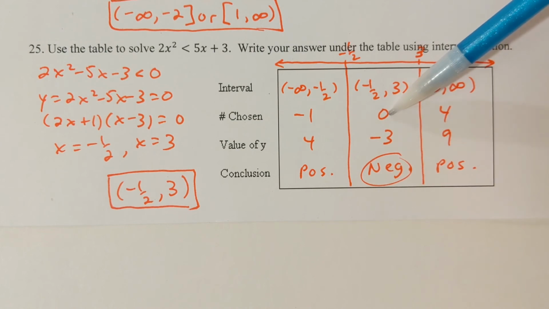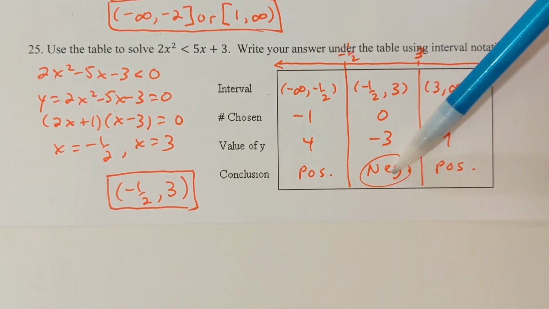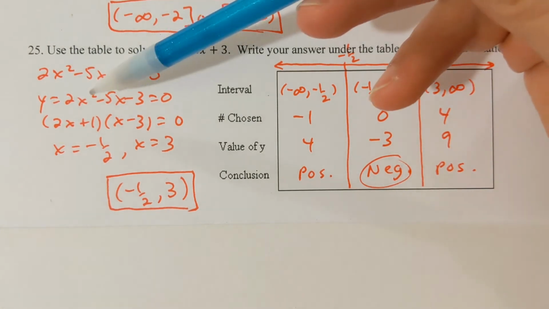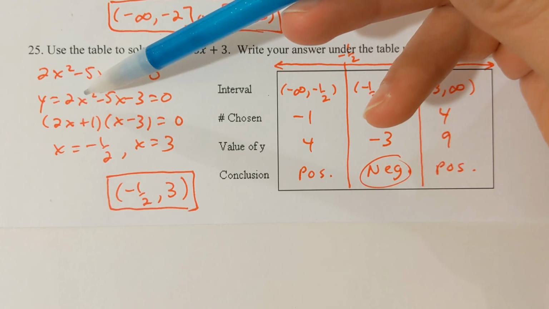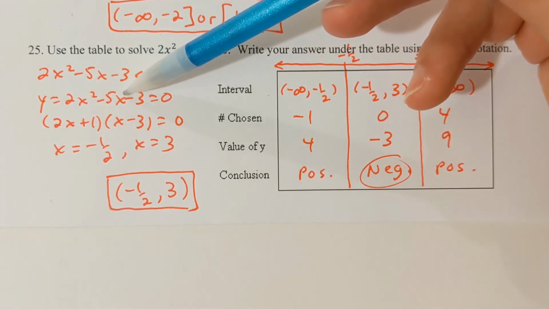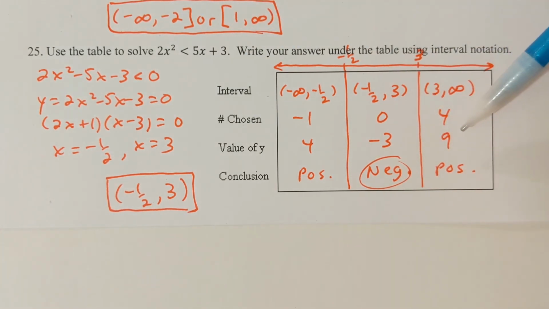If we use 0 for x, y would be negative 3. So I'll write negative there. And then in the last group, I need a number bigger than 3. If I use 4 for x, plug that in. 4 squared is 16, times 2 is 32, minus 20 is 12, minus 3 is 9, and 9 is a positive number.